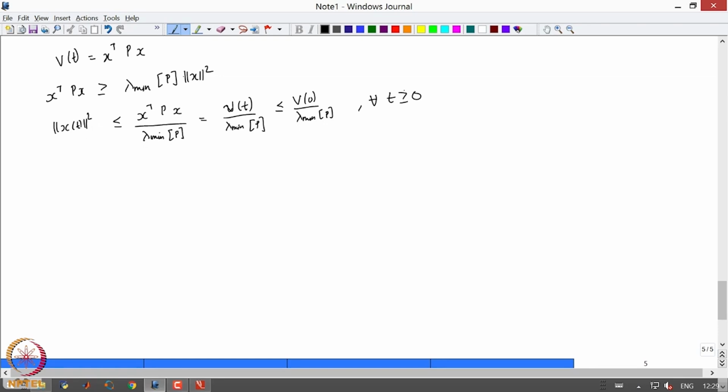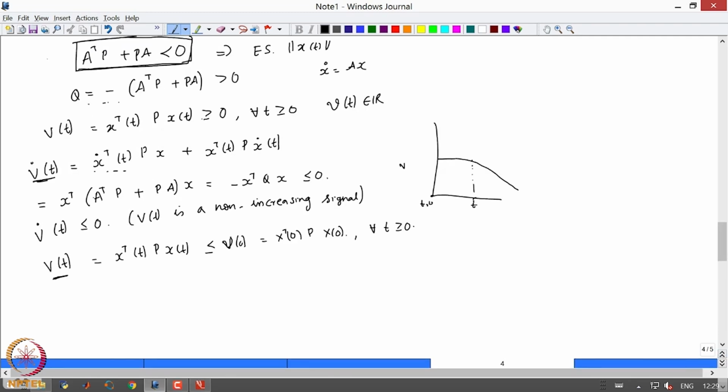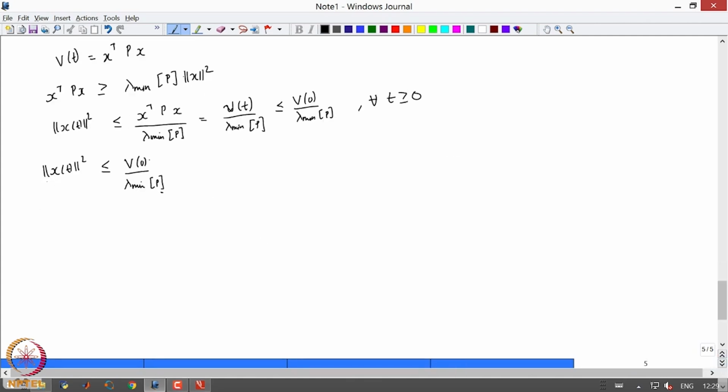Okay, so what does this mean? If I take these two expressions, V of 0 over lambda min of P, this is known to me. The value of the function at 0 is known, and P is also known to me, because I assumed that there exists a P which satisfies this inequality. Now, what does this tell me about the solution?